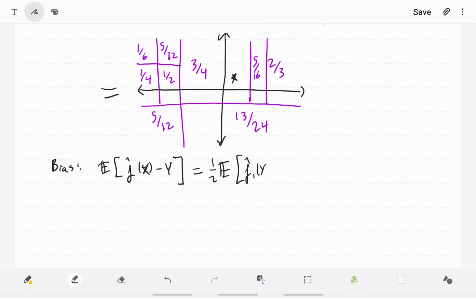So 1/2 the expectation of f hat 1 of x minus y, just by plugging in what f hat is, plus 1/2 the expectation of f hat 2 of x minus y. So this is the bias. And if we imagine that these biases are comparable, then we're just going to get that the bias isn't reduced, but it's also not increased by doing this averaging necessarily.